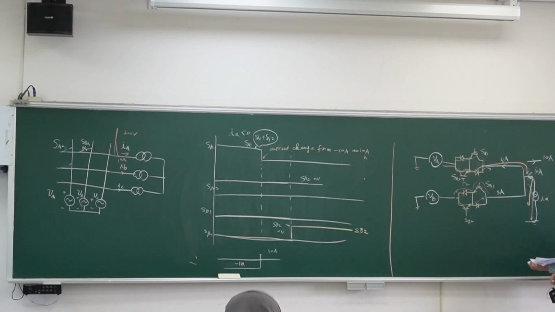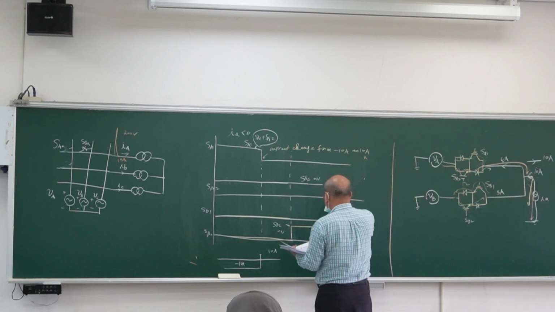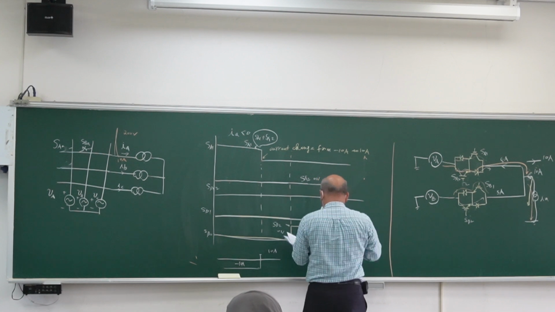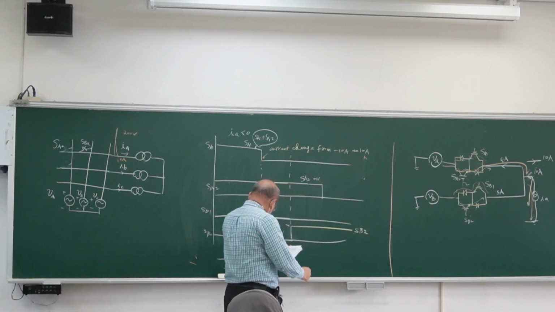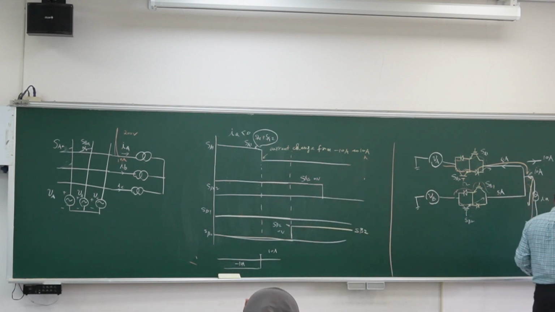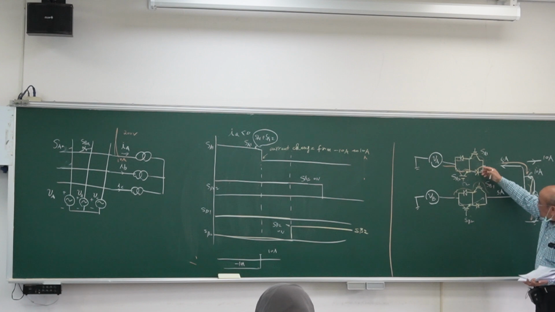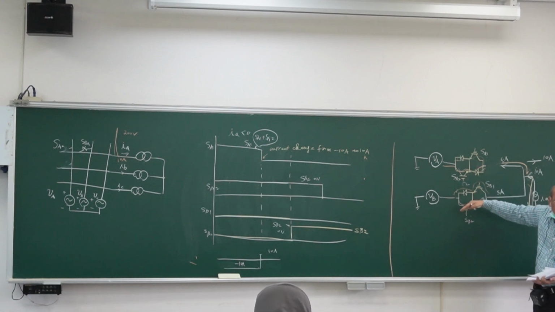So then we have to turn off SA2. So you can see SA2 turn off here. And then SP2 continue turn on. So now, this turn off. So we already changed the current from A to B, right?